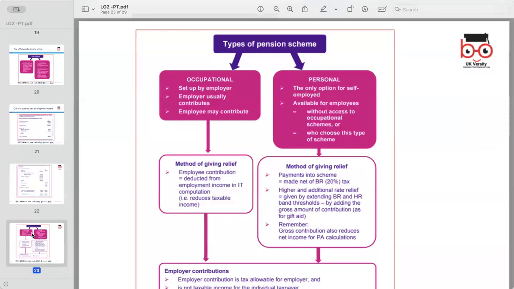It is also important to remember that gross contributions reduce the individual's net income for tax and personal allowance calculations. Employer contributions to occupational pension schemes are tax allowable for the employer and are not considered taxable income for the individual taxpayer.